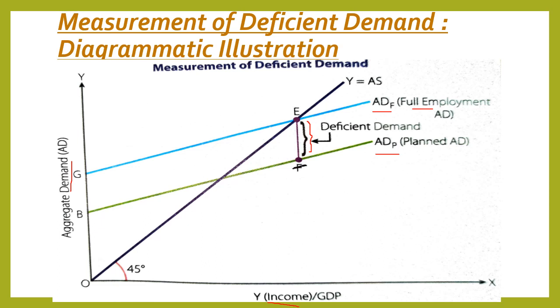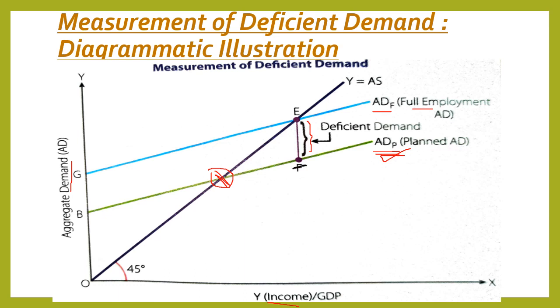Now, if the desired AD is ADP, then equilibrium is struck at this point. This is the point of underemployment equilibrium. Why? Because at this point our AD is denoting underemployment in the economy.